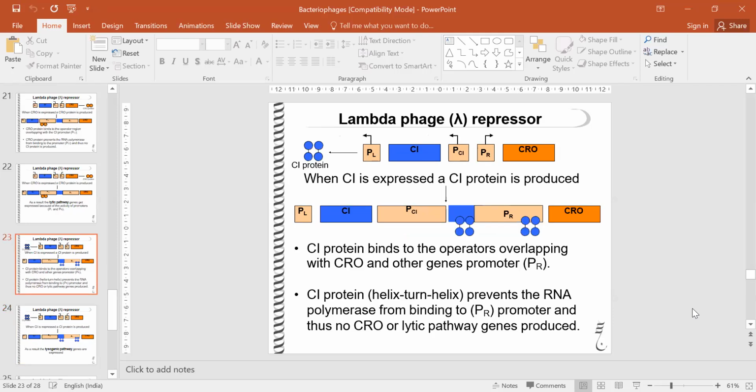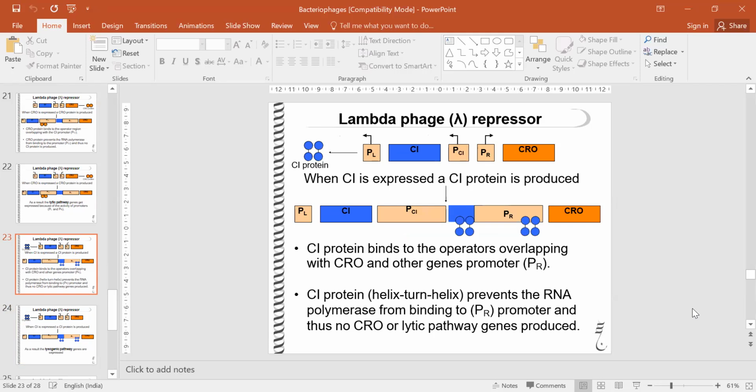If the C1 gene is expressed, it can produce the C1 protein. The C1 can bind to the operator region of the overlapping CRO gene and other genes of the PR, so it can repress them.